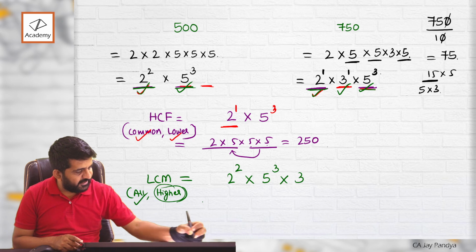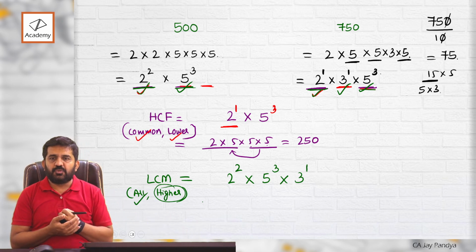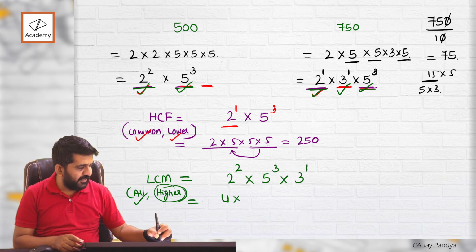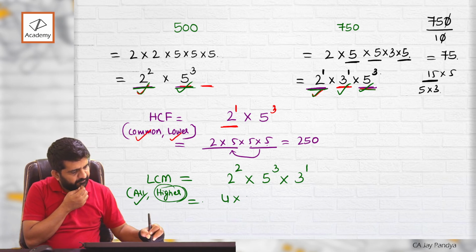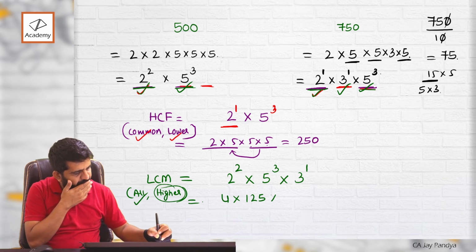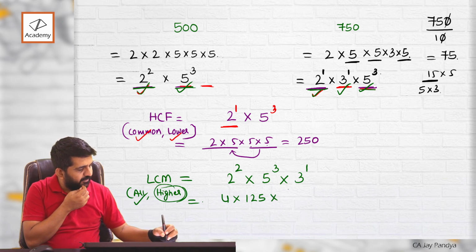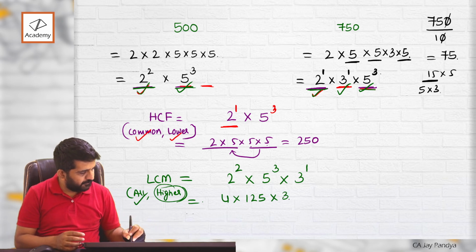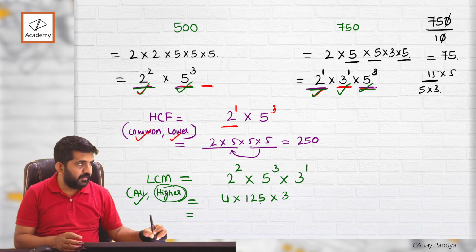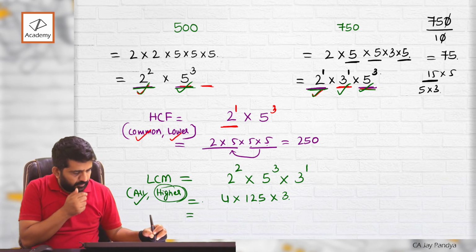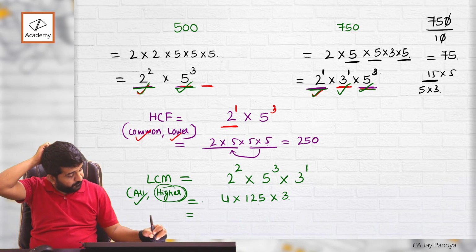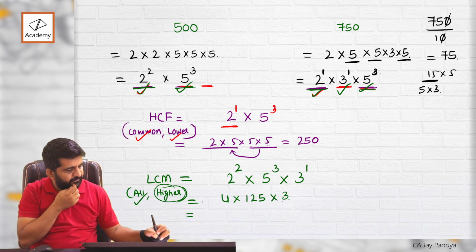In 3, which is higher? There is only 1. So it is 3 raised to 1. Right. So this is 4. 5 5s are 25, 5 25s are 125, multiplied by 4 is 500, and 500 into 3.